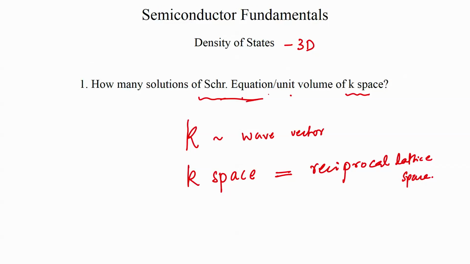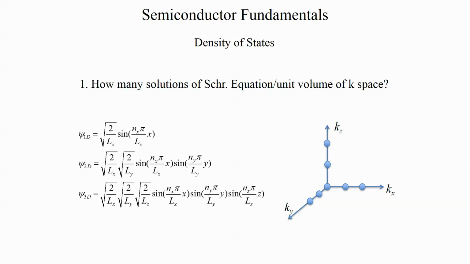Why is this easy to calculate? Because we have already solved for the wave function in K space. If you remember your particle in a box, we will keep going back to that little example. We solved the wave function for a particle in a one dimensional box, and we found that the wave function was this. We got this by normalizing everything, and we got this term, which is nothing but k of x, and it turned out to be a quantized value with an integer n.